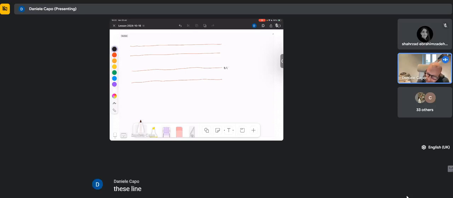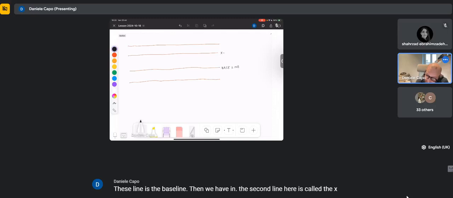This line is the baseline. Then the second line here is called the x-height.